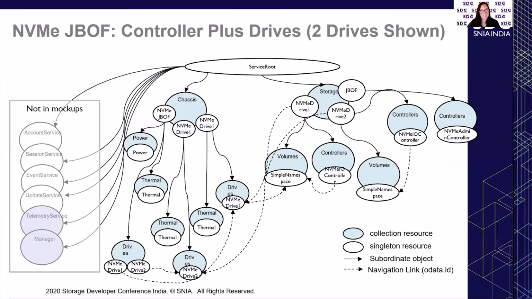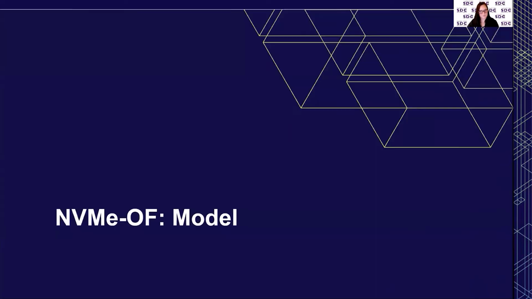What we've added here is the admin controller for the JBOF. It's basically got a storage instance and a controller instance, and that's it for the JBOF, plus the chassis information over here. Everything else is n number of drives in here. I've kept it to 2 to keep it from getting super busy, but it does get pretty busy.